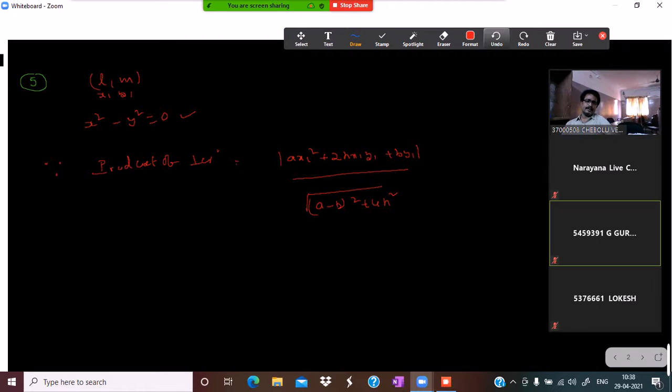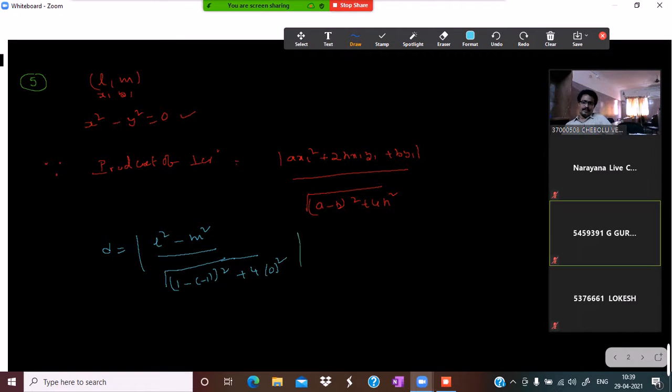So the perpendicular distance d is equal to, substituting the value L comma M here instead of x1, y1, modulus of L square minus M square by root of (a minus b) whole square plus 4h square. A means 1, b means minus 1, and the value of h is equal to 0.